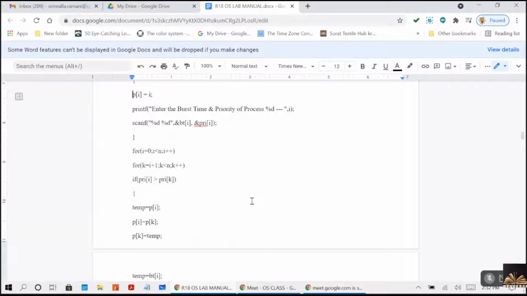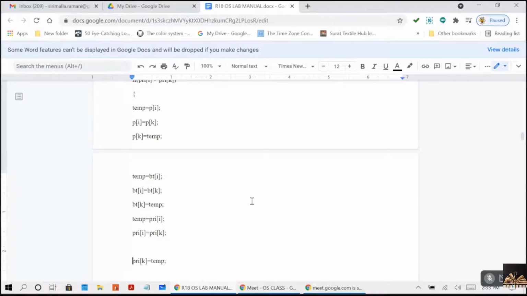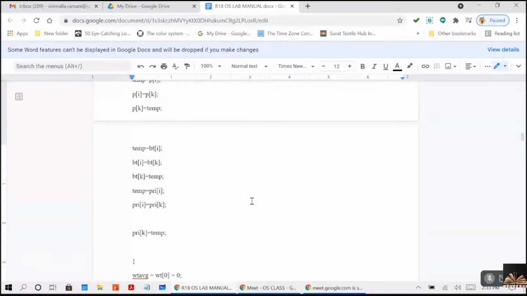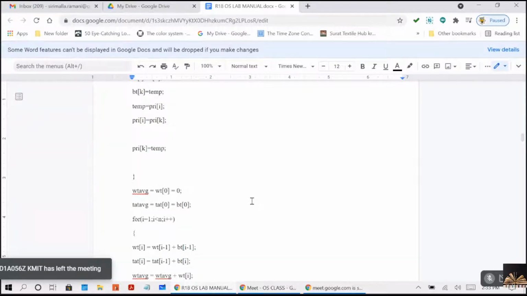If the first job's priority number is more, I have to swap them, because I should first get the job which has the less priority number. For that job I am giving the number 1. The job having the highest priority will be considered as the first job, and that first job's burst time will be considered when I am calculating the average waiting time and turnaround time.